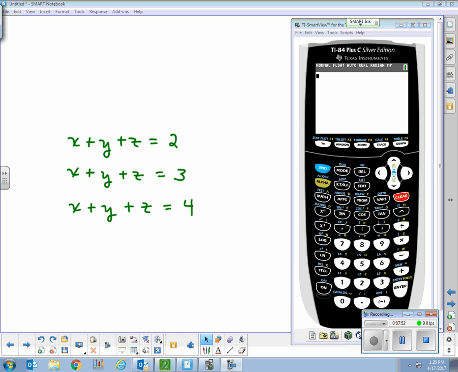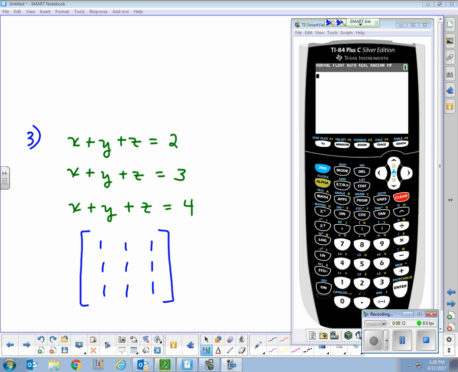All right, so let's suppose that I made up this system that obviously does not have a solution, because x plus y plus z can't equal 3 different numbers. So if I try to set this matrix up, I'm going to have a coefficient matrix that's just all ones. It's going to be multiplied times X, Y, Z, and I'm going to get 2, 3, and 4.